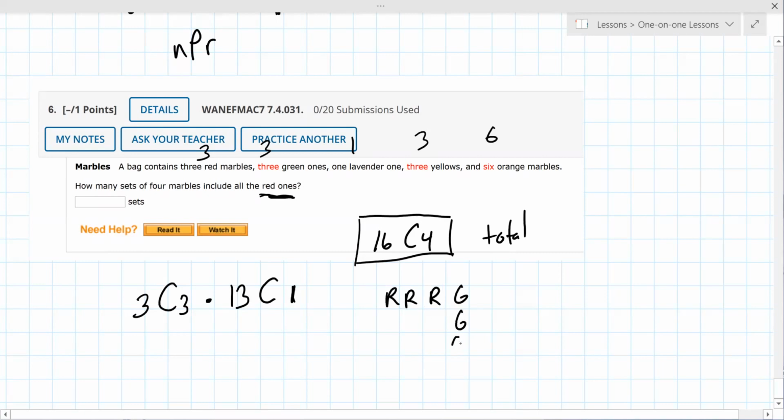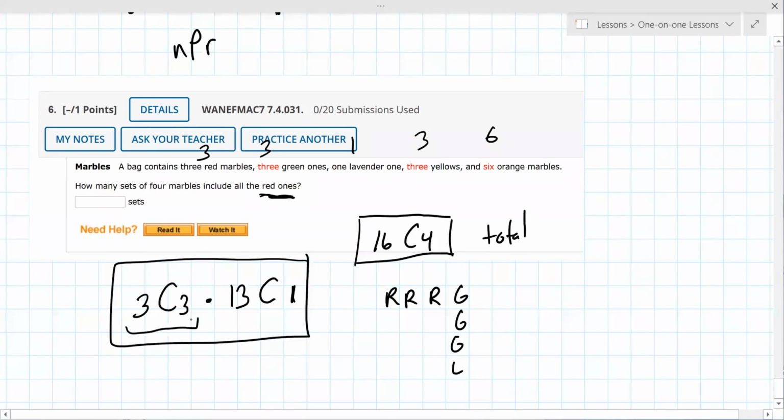Red, red, red, the other green. Red, red, red, the lavender. So there's a bunch of these, and that's what accounts for all of these. So you have to do this calculation in your calculator. This 3 choose 3 is the one that gives us all the red, and this is the one that gives you the other ones.